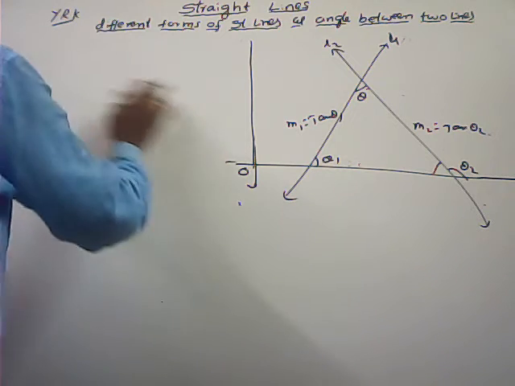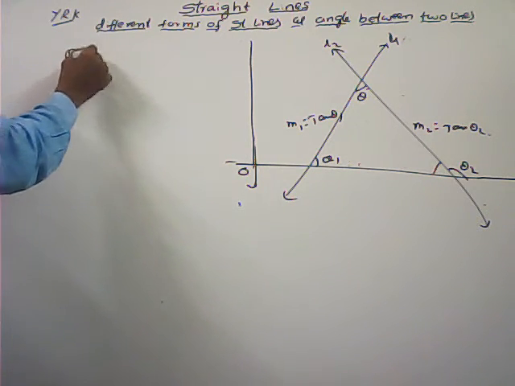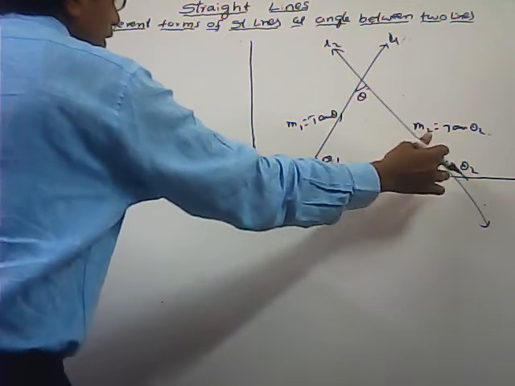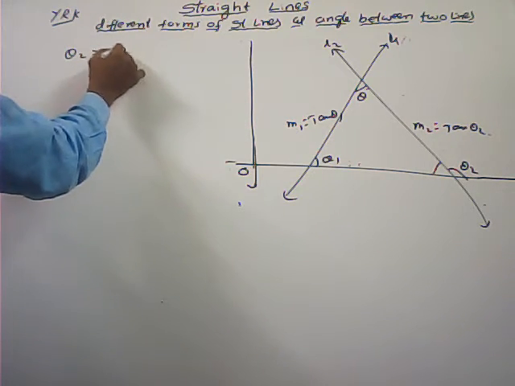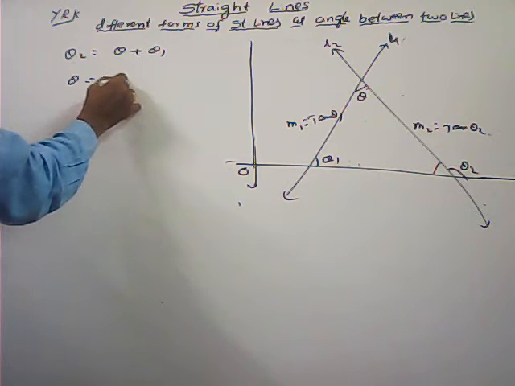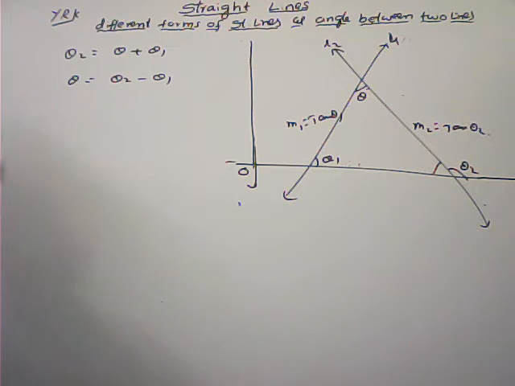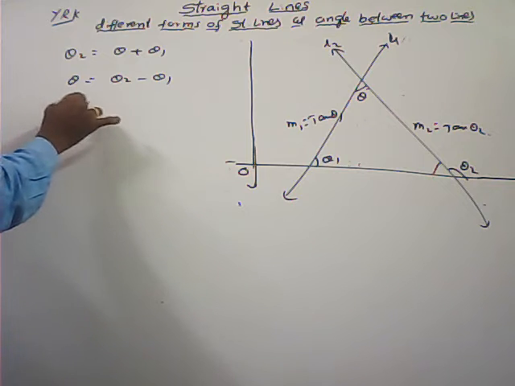Here also I am applying the same rule. The exterior angle of this triangle is equal to the sum of interior opposite angles only, theta plus theta 1. Here we can write theta is equal to theta 2 minus theta 1. These two angles are equal, so the tangent values are also equal.